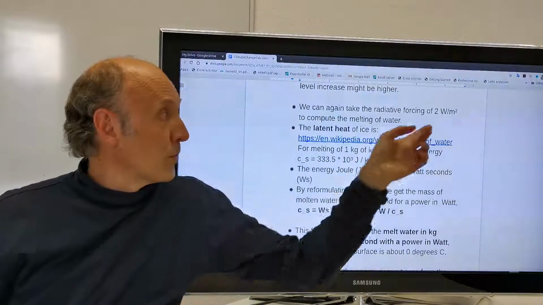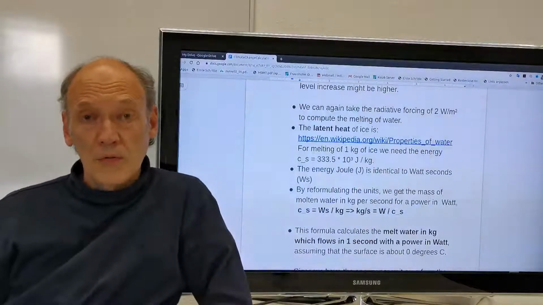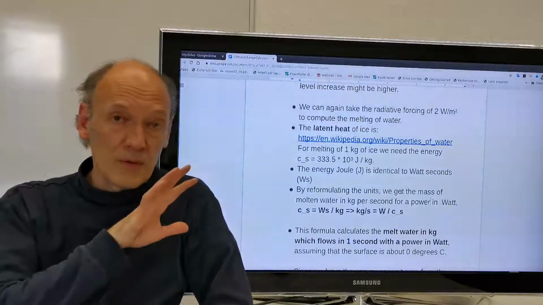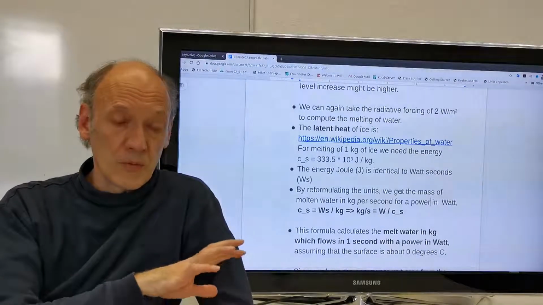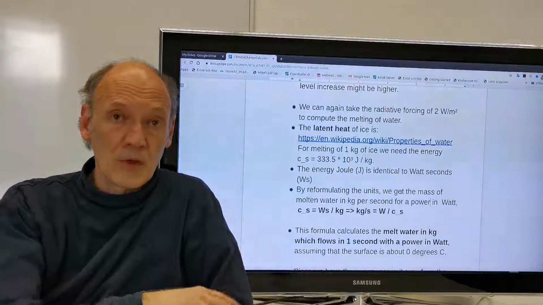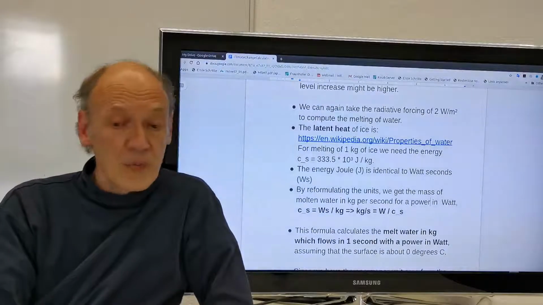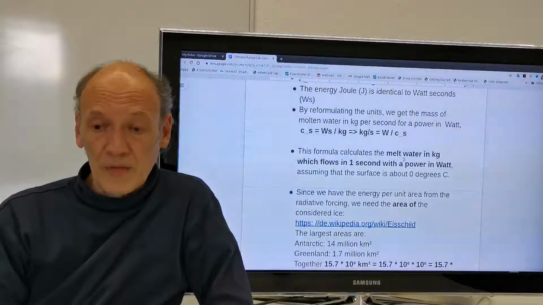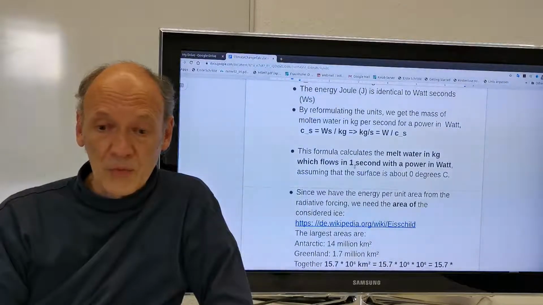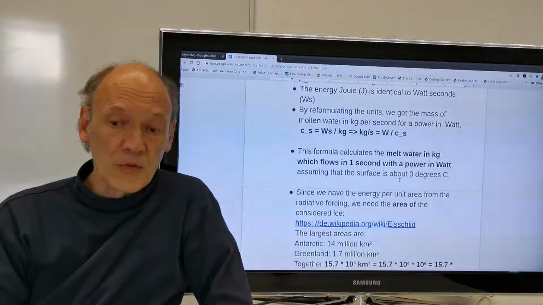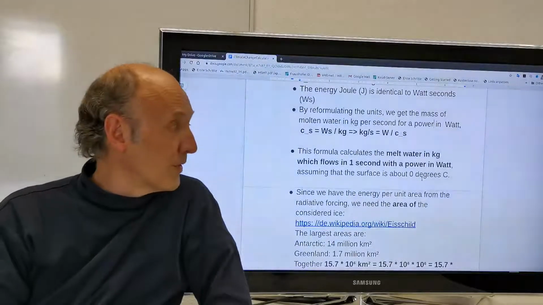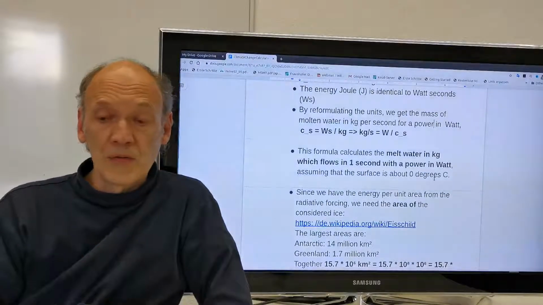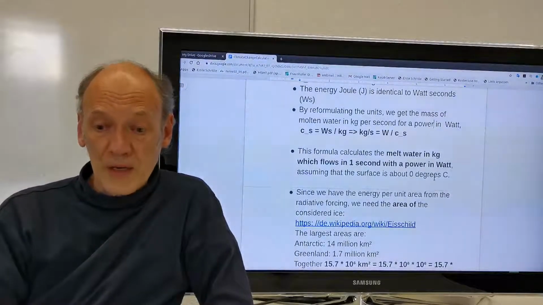It's the 2 watts per square meter. So if we take this power, 2 watts for each square meter, then we can calculate the meltwater. This formula calculates the meltwater in kilogram which flows in 1 second with a power in watt, assuming that the surface is already at 0 degrees Celsius, so that we don't need extra energy for warming up the ice.